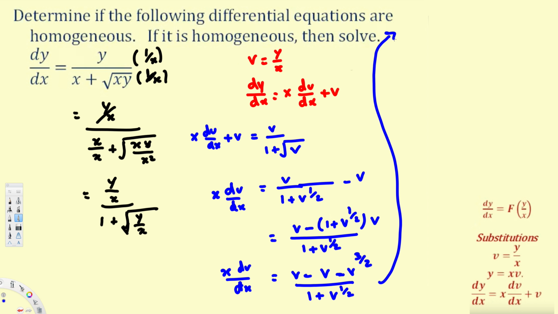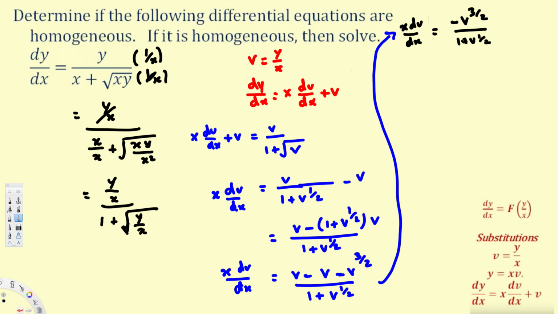Let's continue. So x dv by dx is equal to v minus v, which is 0, and in the top we are only going to have minus v power 3 by 2. In the denominator we are going to have 1 plus v power half.